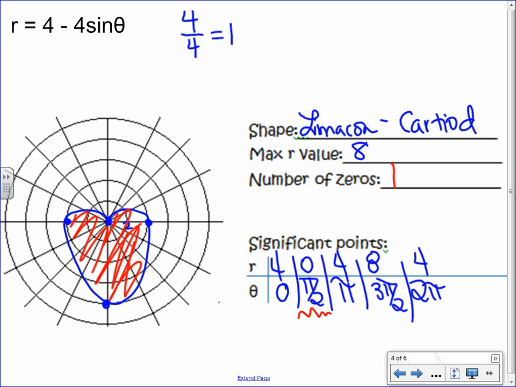This is the only time we can find the zero without our calculator, but you don't need to worry about that. What's A minus B here? 0.